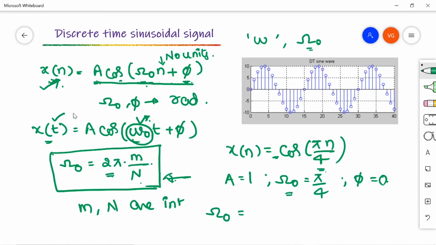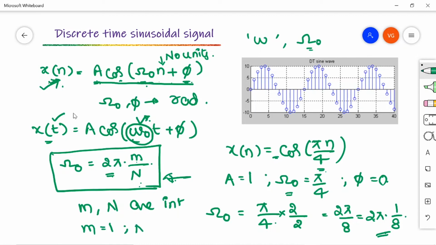So I will multiply both numerator and denominator by 2, then it will be 2 pi by 8. That is nothing but 2 pi into 1 by 8. Comparing with the condition 2 pi into m by N, for me m is equal to 1 and capital N is equal to 8. So this is the periodicity of the signal, N equal to 8. So the fundamental period of this discrete time sinusoidal signal cos of pi n by 4 is N equal to 8.